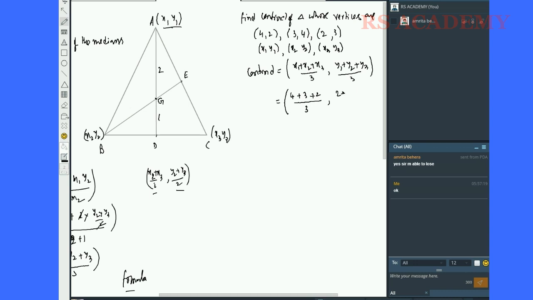So 2 plus 4 plus 3 by 3. Which is equal to how much? 4 plus 3 plus 2, 9 by 3, and 2 plus 4 plus 3, 9 by 3, which is equal to 3 and 3. So this is how to find the centroid of a triangle.